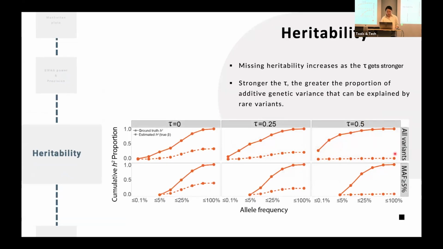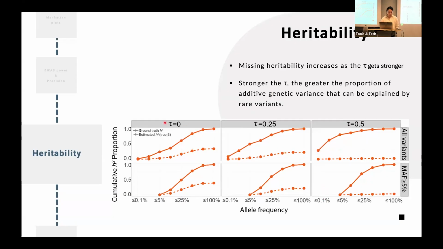So the missing heritability gap is largest under this trait architecture. But the other thing that I want to point out is that the stronger the tau, the greater the proportion of this heritability that can be explained by the rare variants. Looking at the solid line, you can see a large proportion of the heritability is explained by these rare variants.